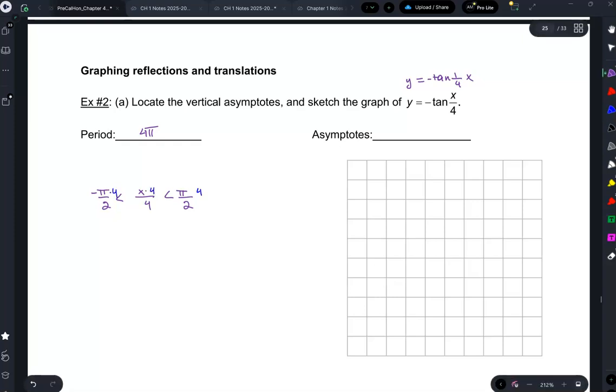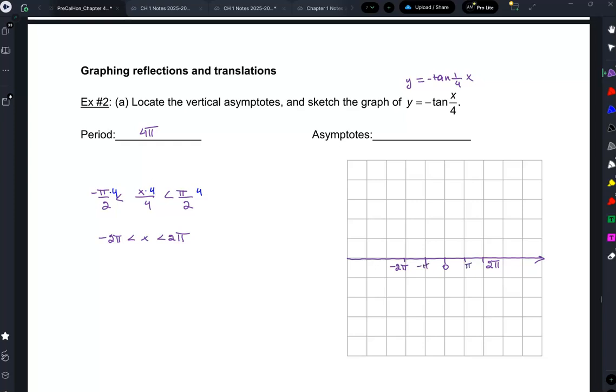Okay, so what do I get? Negative 2 pi. 2 pi. Also symmetric because there is no phase shift. So negative 2 pi. 1, 2, 3, 4, 2 pi. 0 in the middle. And then these are going to be pi and negative pi.